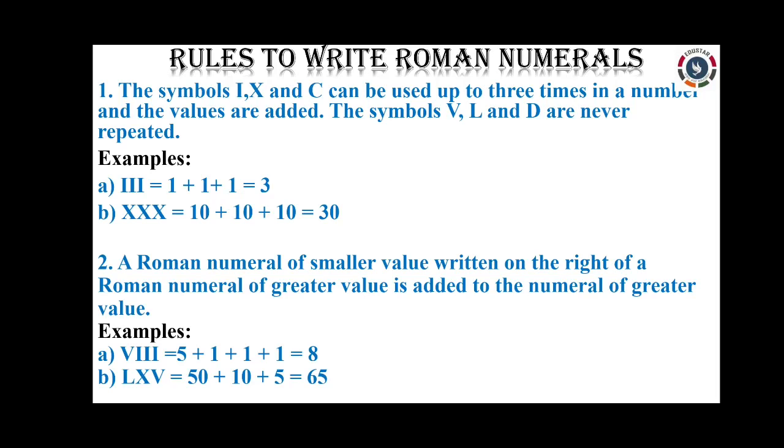So, we can add the values. The value of L is 50, value of X is 10, value of V is 5. So, 50 plus 10 plus 5, which is equal to 65.